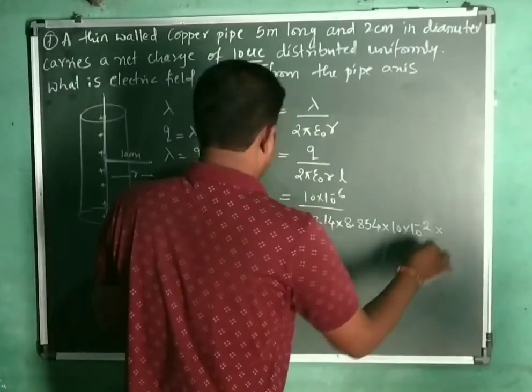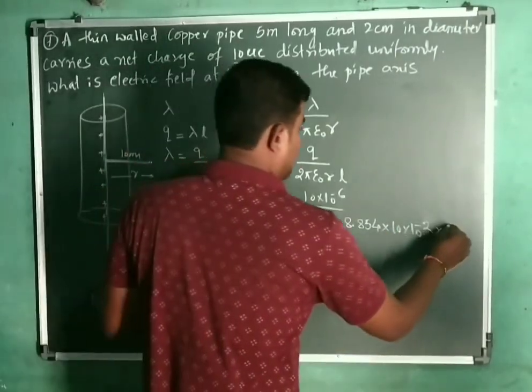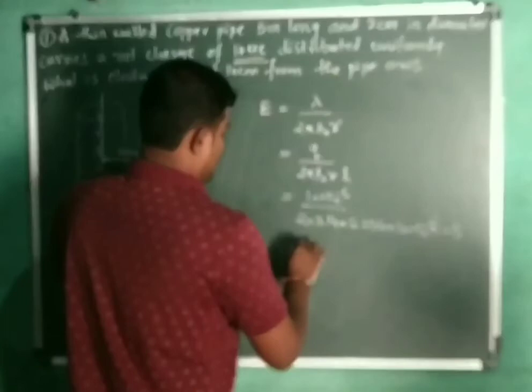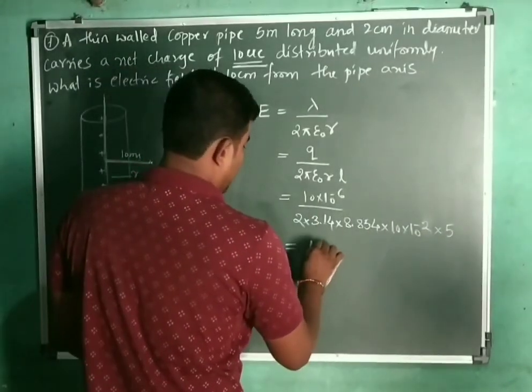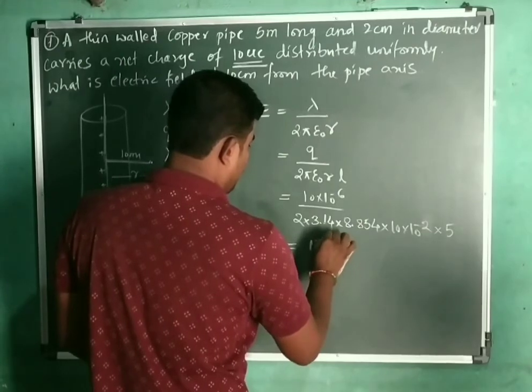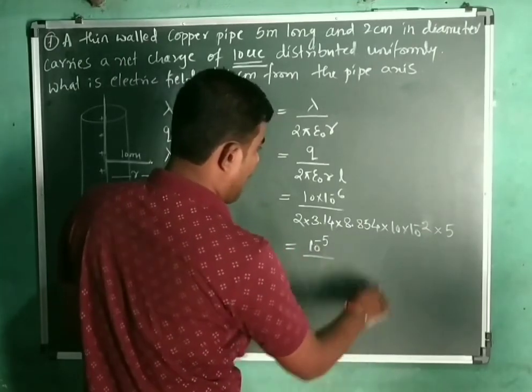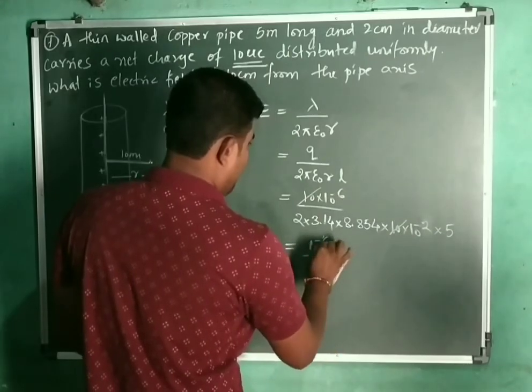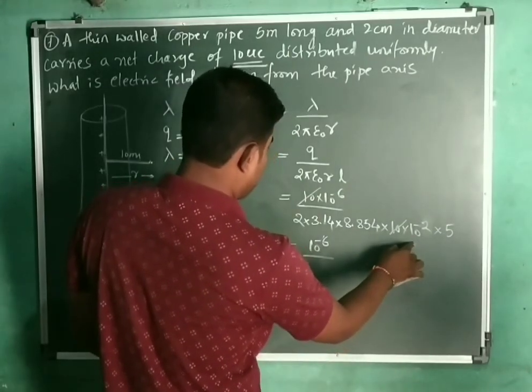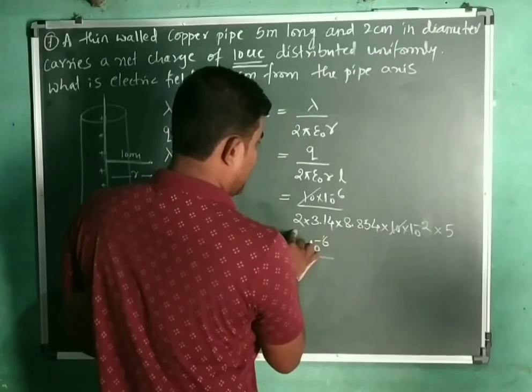Therefore L, length, is 5 meter. So it is 10 to the power minus 5 divided by, okay, 10 is cancelled here, and 10 to the power minus 2 is there. 5 2s are 10.